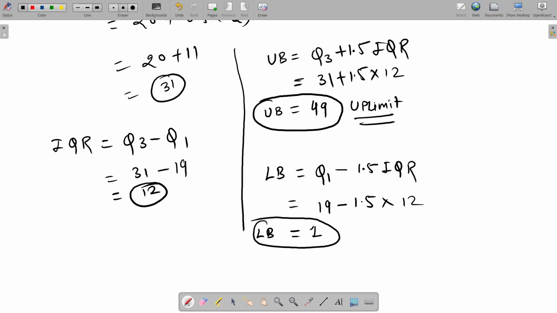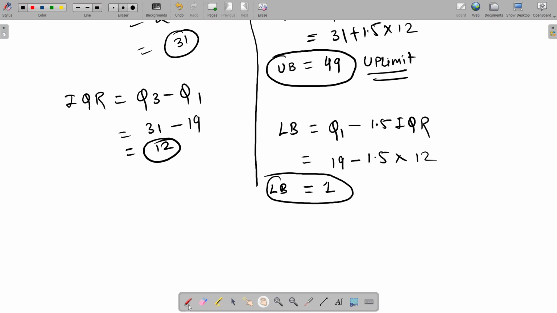Okay, so here I can write one thing: our upper limit is 49 and our lower limit is 1.